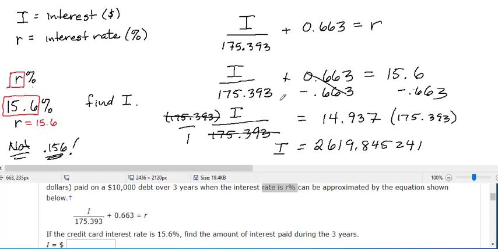So you keep all of the decimal places while you work through the problem, and then it says find the amount of interest. It's in dollars, so we usually go to the nearest penny. So nearest penny would be right there. I use the next decimal place to decide how to round the previous one, and I have 2619.85.